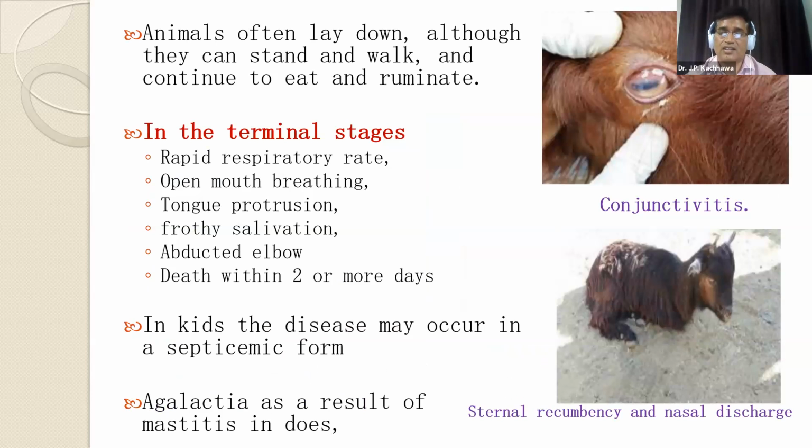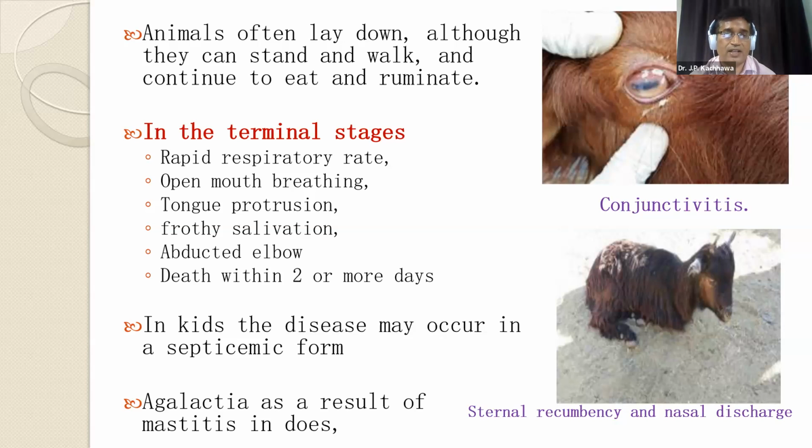The next picture shows conjunctivitis. As the disease progresses, the animal shows reluctance to move and often lies down, but they remain on usual feeding, and they can stand and walk properly.